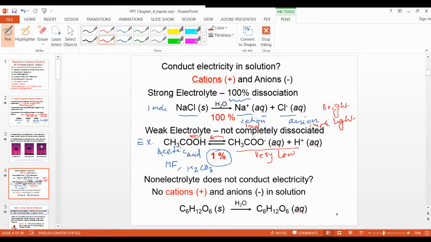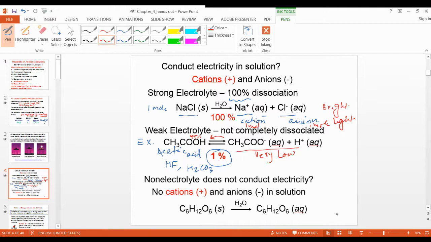Light you will get only because of what? Because of ions, right? What ions? Atoms with electric charge. What is the name of the ions present in the solution? I explained to you in chapter 2, right?